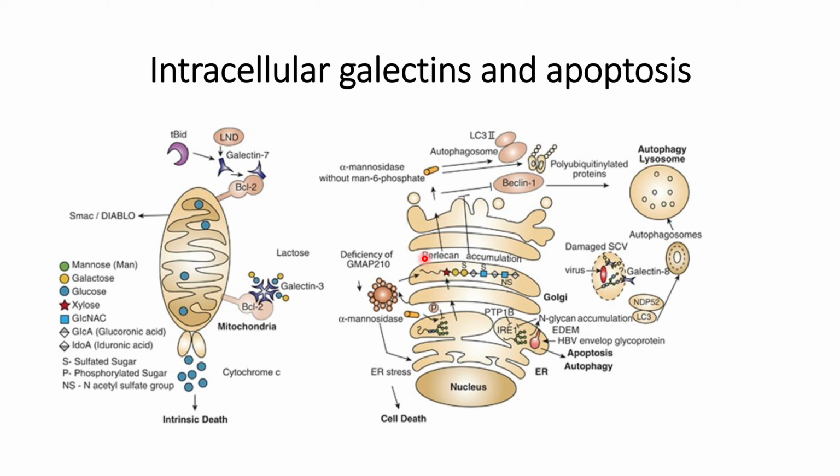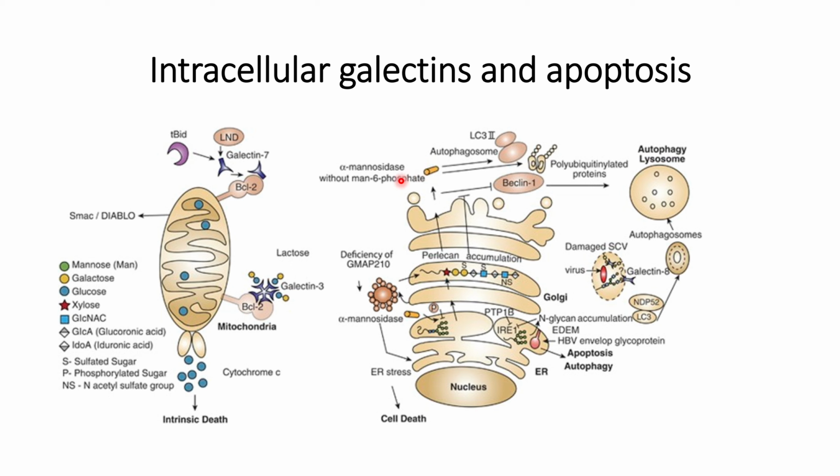Some of the accumulations mentioned here are the perlecan accumulation, and also alpha mannosidase which does not have mannose 6 phosphate, and this is related to the ER. If it does not have mannose 6 phosphate, it will not be able to filter the unfolded proteins towards the ERAD pathway, and that will lead to ER stress, and ER stress beyond a threshold level will trigger apoptosis.